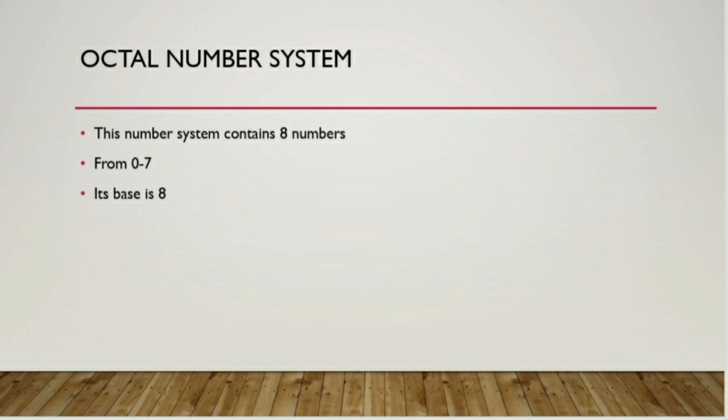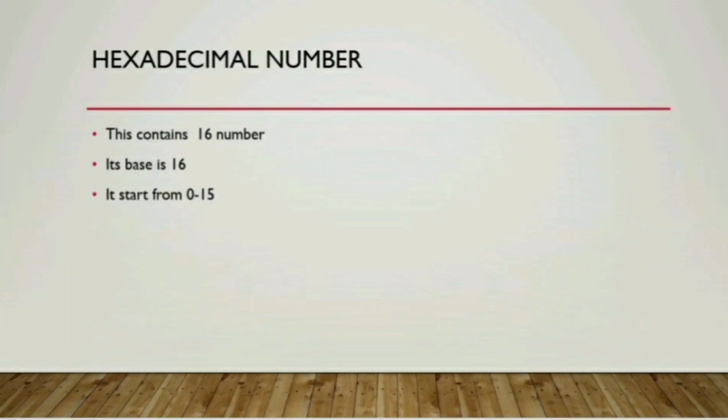After 9, in the hexadecimal number system, 10, 11, 12, 13, 14, 15 are read as A, B, C, D, E, F. So we take the numbers 0 to 9, and after that we use A, B, C, D, E, F.